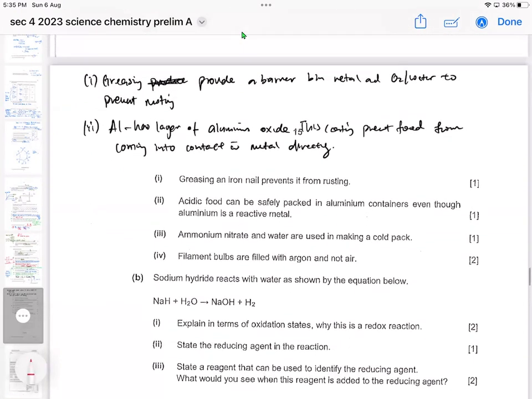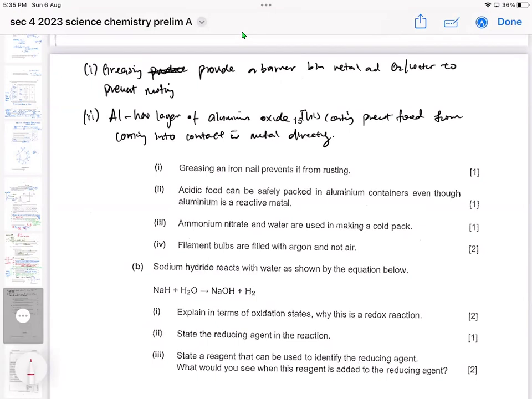Okay, next, triple I. This one is good to remember. Ammonium nitrate and water, these two combination is endothermic.